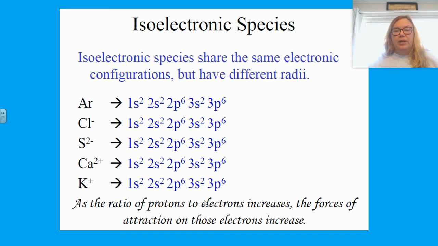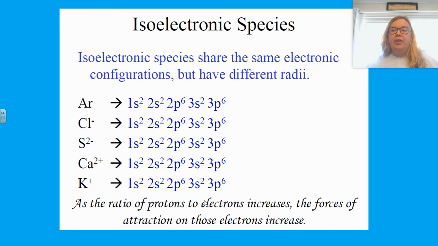Another thing that would be helpful, and I know we've talked about this last semester, is isoelectronic species, and you guys need to know this terminology. Isoelectronic species share the same electron configurations, but they have different radii. And the reason why they have different radii is because we have a different number of protons in the nucleus.